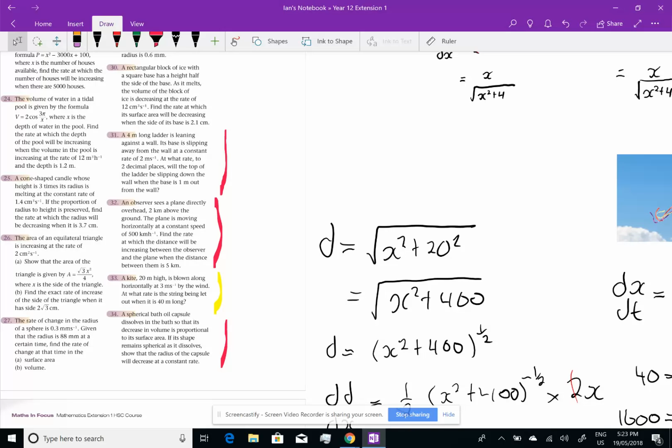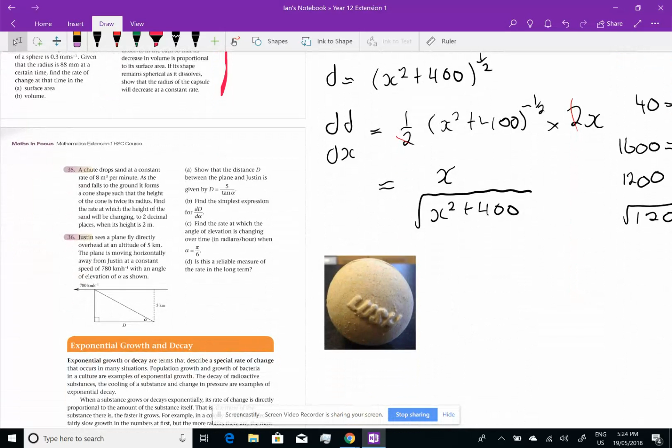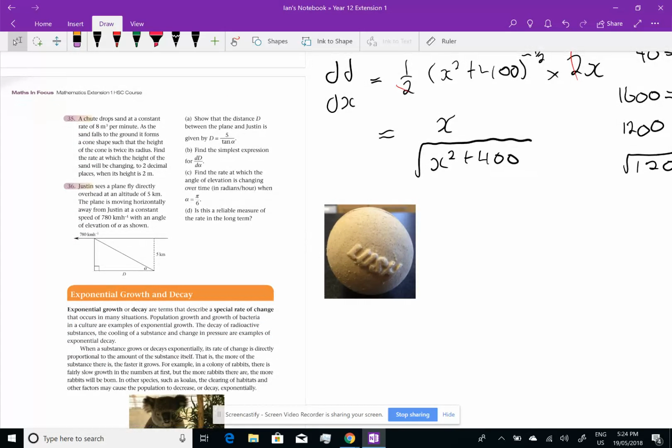Show that the radius of the capsule will decrease at a constant rate. So we're going to show that dr/dt equals k, or a constant c. It doesn't matter. It's hard to draw a diagram for this, so I've just got a picture of a bath bomb there.